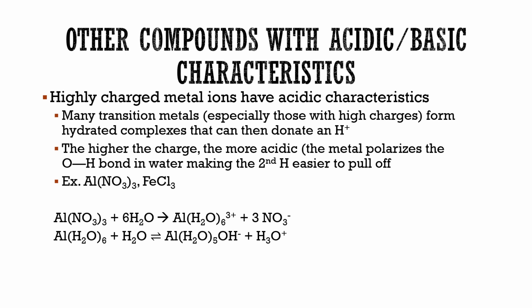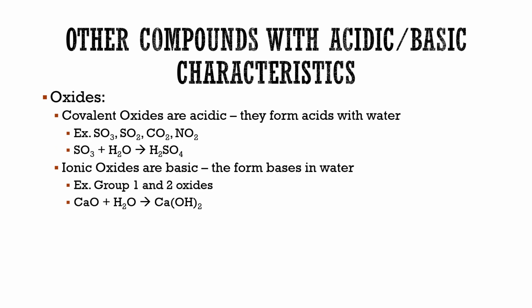Now, you do not need to be able to write these reactions. You would just need to recognize that because this is a highly charged transition metal, if you were asked if it was acidic or basic, you would say that it is acidic. But like I said, you do not have to be able to write those equations.